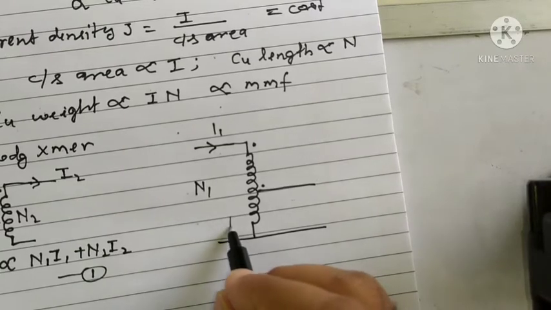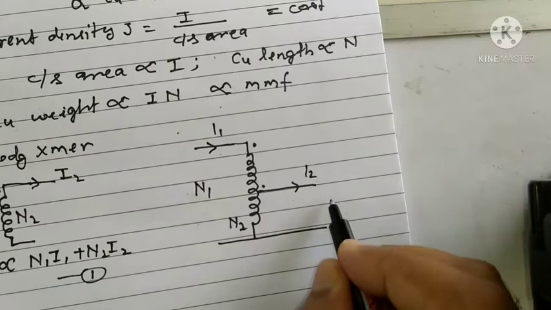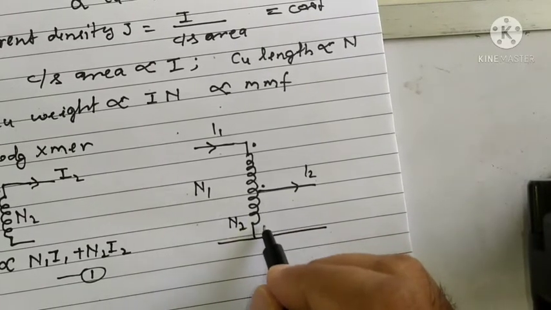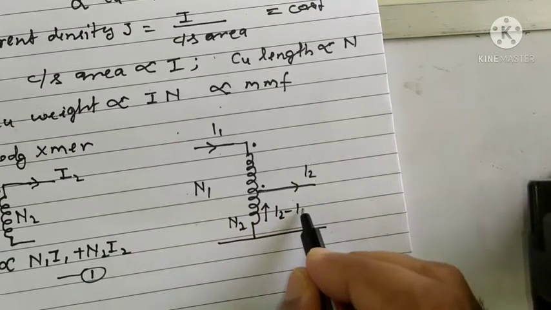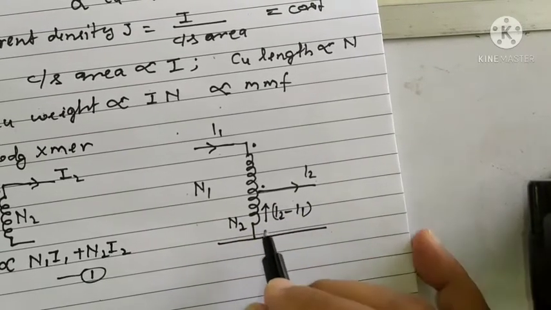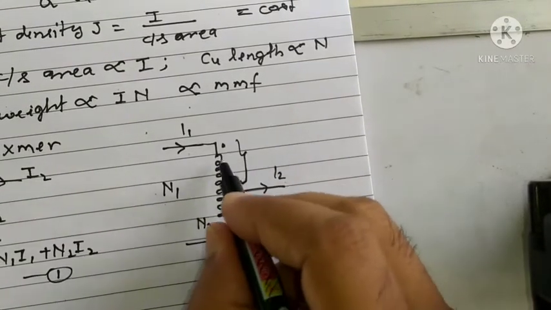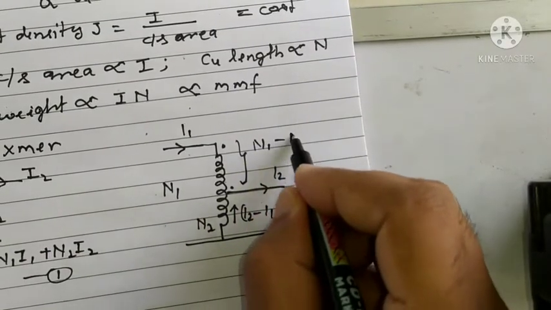Here number of turns are N2, current here is I2. Now current in this portion will be I1 minus I2 downward, or upward I can write as I2 minus I1. What will be number of turns in this portion? That will be total turns minus N2. So that is N1 minus N2.